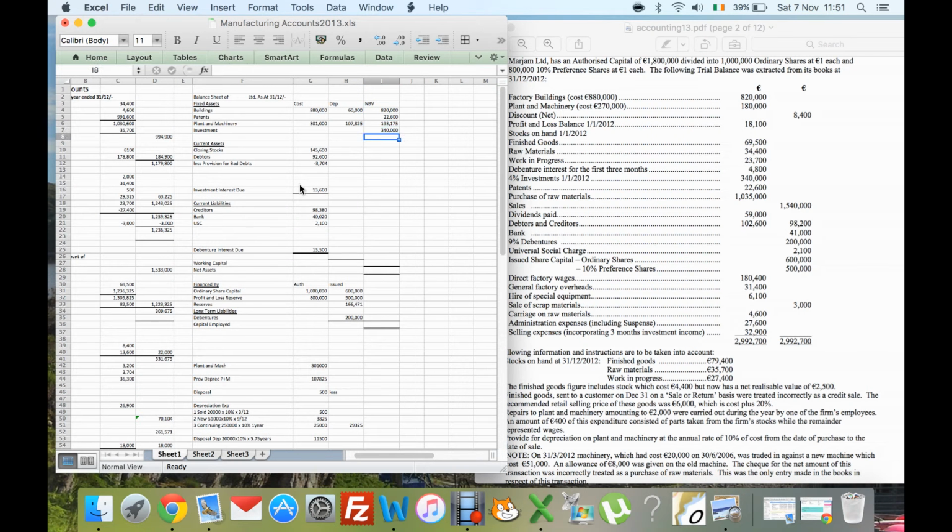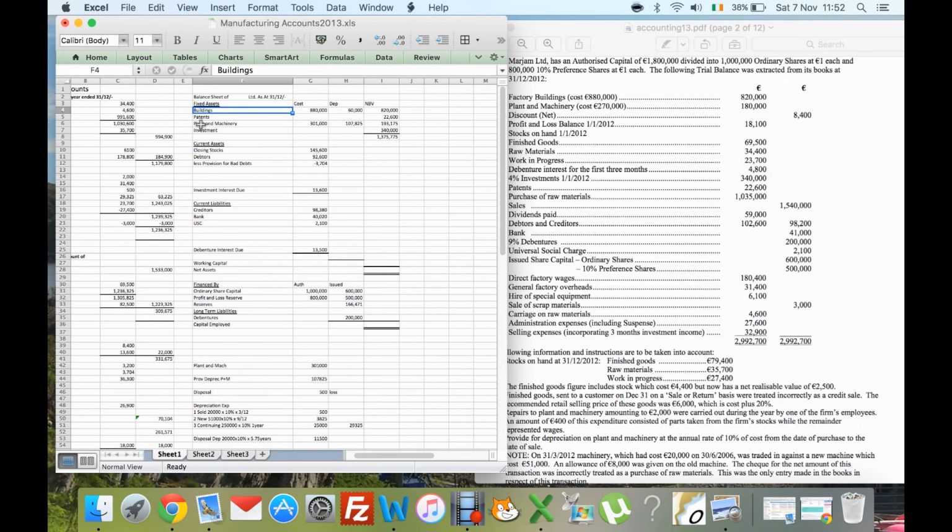So going to my balance sheet, then I have my fixed assets. Now, I must say at this stage, normally I'd expect you to put in the 3 different headings. So you've got tangible fixed assets, which would be buildings and plant and machinery, intangible fixed assets, which is patents, and then financial fixed assets, which is the investment here.